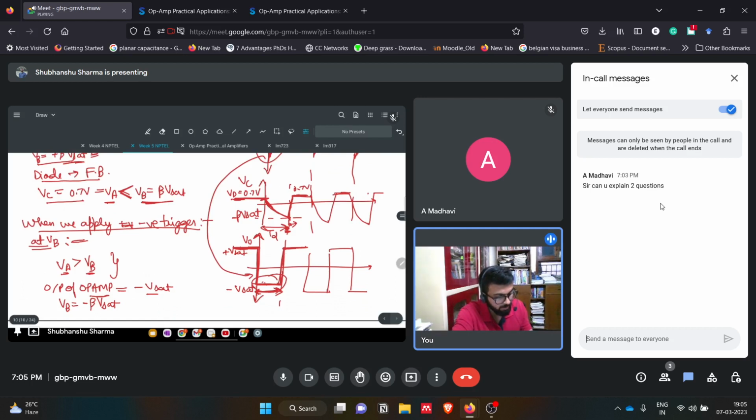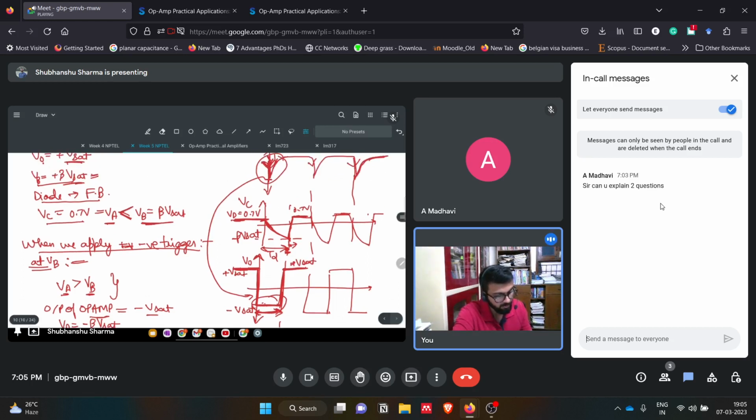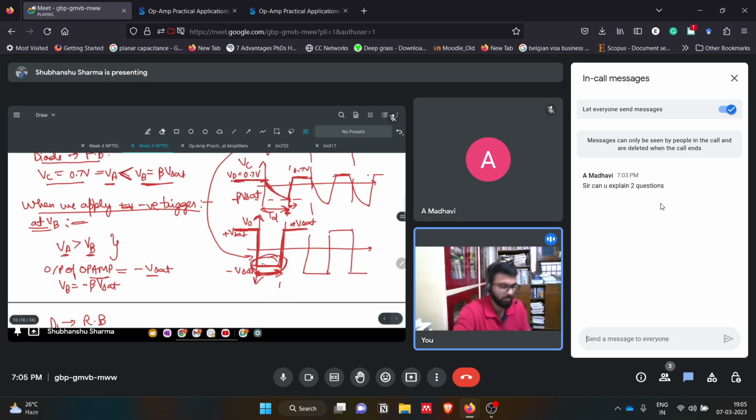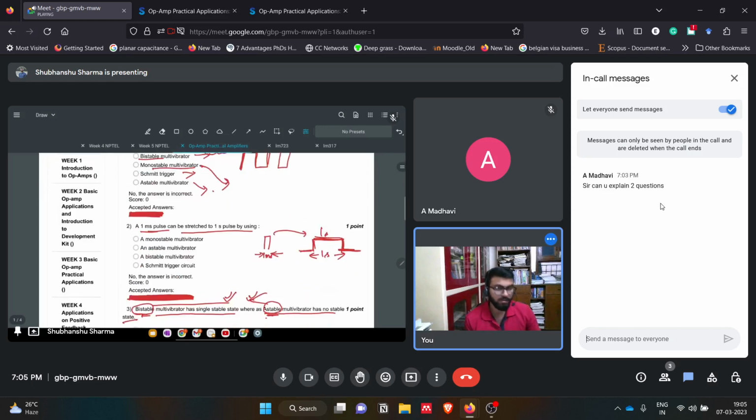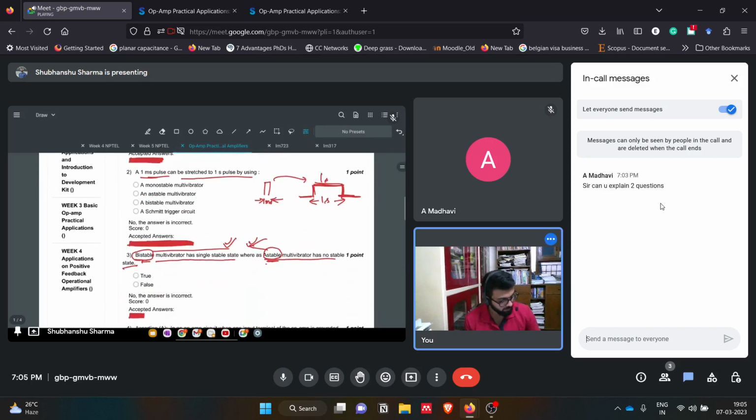Then it came back to its original stable state, that is plus VSAT. So what we observed here is that using a very small trigger, we were able to stretch the output waveform. This is what the question is asking from you. So I think it is clear. Is it clear, Madhvi?